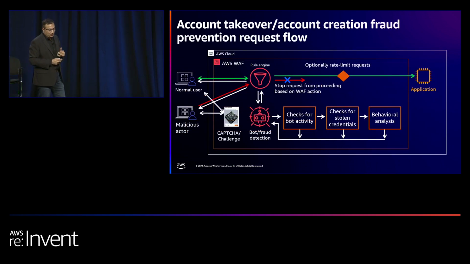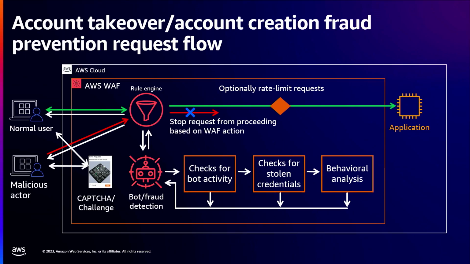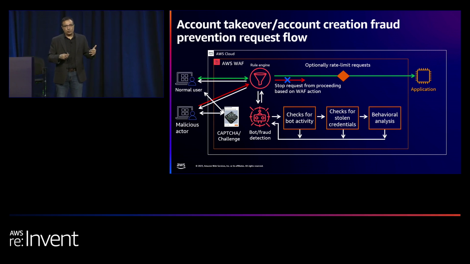Here's the request flow for ATP and account creation fraud prevention. Very similar to targeted bots. The reason I want to show this diagram here, and why this is important, is as we started designing bot control and fraud prevention, we recognized that these operators are constantly evolving.